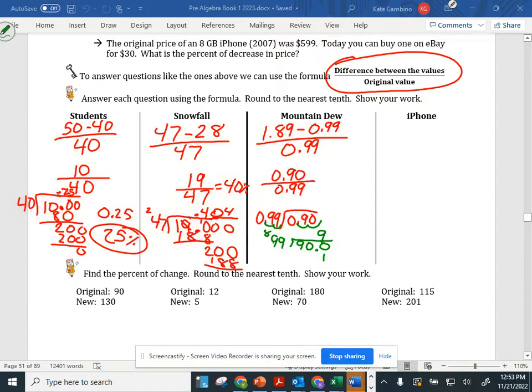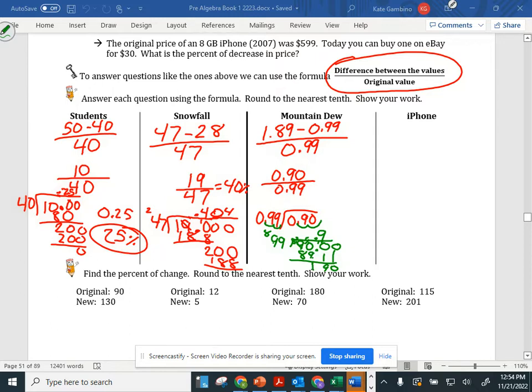So 9 times 9 is 81, plus 8 is 89. So I have a 9 left over. I'm going to go down one more. Did I do my math right here? Oh, I forgot to bring my 1 down here. 10 minus 9 is 1.